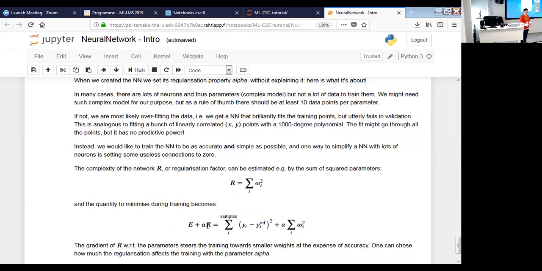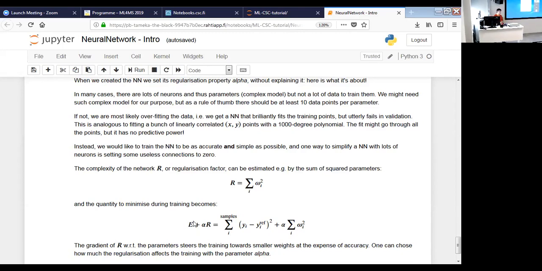So you're kind of forcing in Occam's razor. You're trying to make the model simpler. Of course, you are making it worse because it means you're not going to have the best possible minimal error. But you're going to have a model that can be transferred then on new data. It's going to be general. So usually that's what you want.